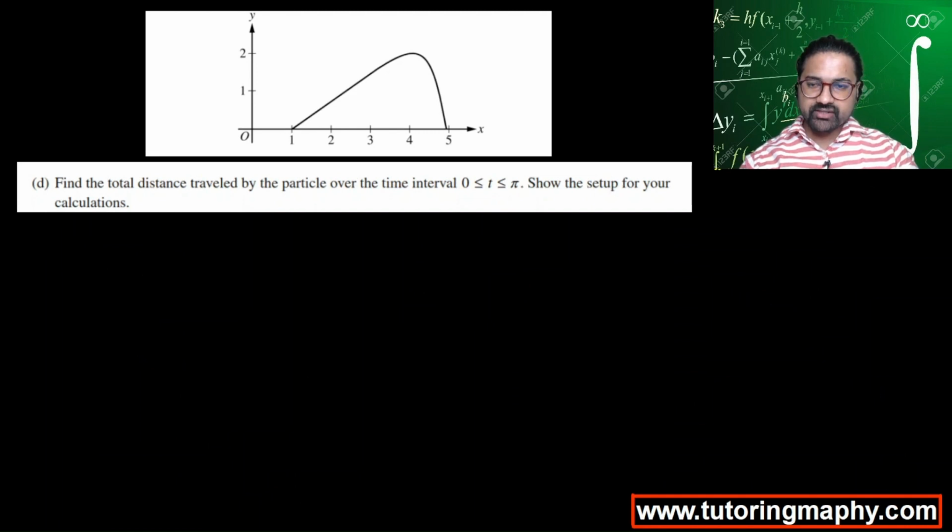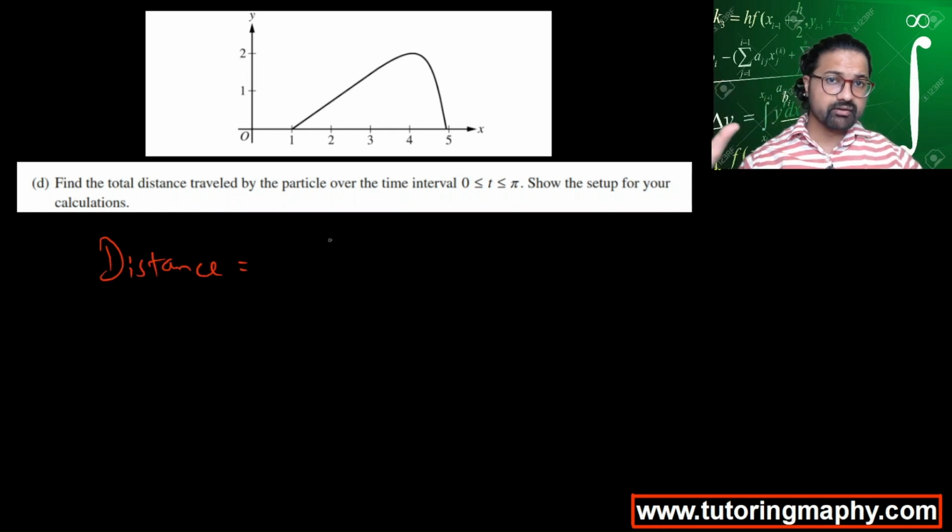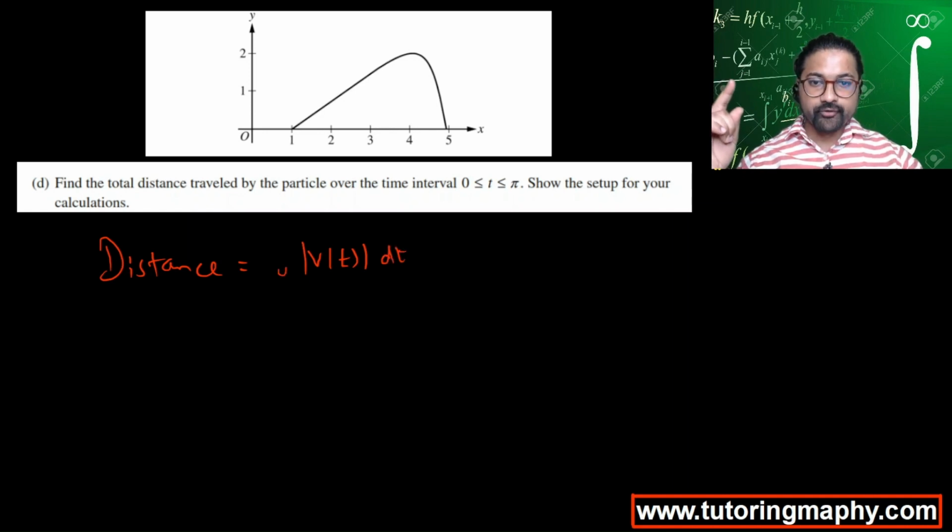All right, the last question is to find the total distance traveled by the particle from 0 to pi. Remember, this is a direct formula. We should know this formula: the expression for the distance in the case of a plane curve, not a straight line, is nothing but the integration of the speed between whichever points we need.